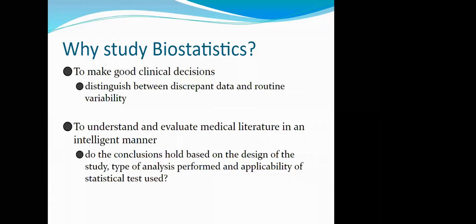For example, if you're talking about patients that present with cough, you know that most of the time patients with bronchogenic carcinoma are quite elderly, older patients. There's no way you can start thinking of such in a patient who is, for example, below 20 years old. Yes, it's possible to think of that, but for you to reach that point, it means that you've probably tried to exclude all other possibilities. So you are trying to distinguish between discrepant data and routine variability.